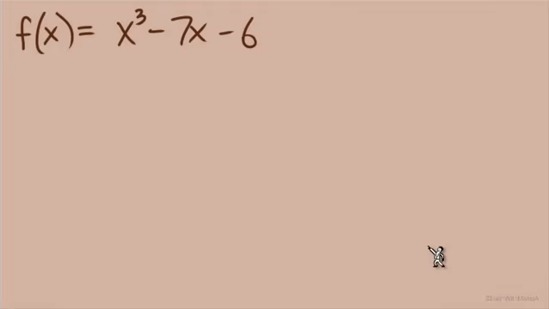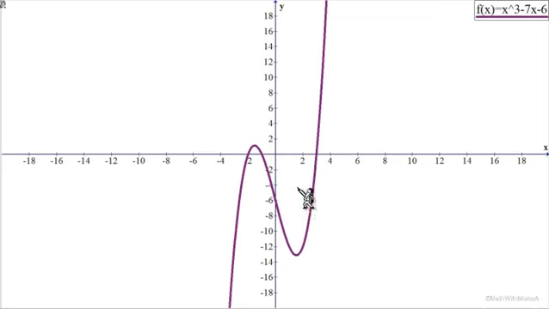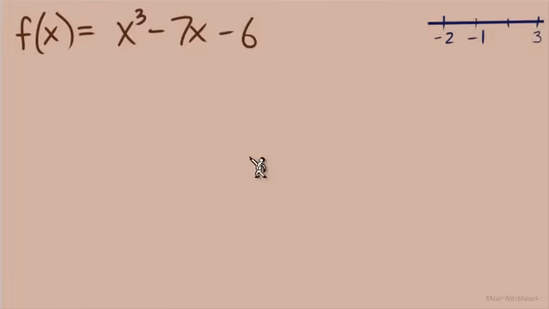Here's our next example, x cubed minus 7x minus 6. Well, don't jump right into factoring trinomials because we have x to the third, not an x squared. So let's look at the graph. Interesting, it looks like zeros at +3, -1, -2. Let's use synthetic division to confirm that those are the zeros.